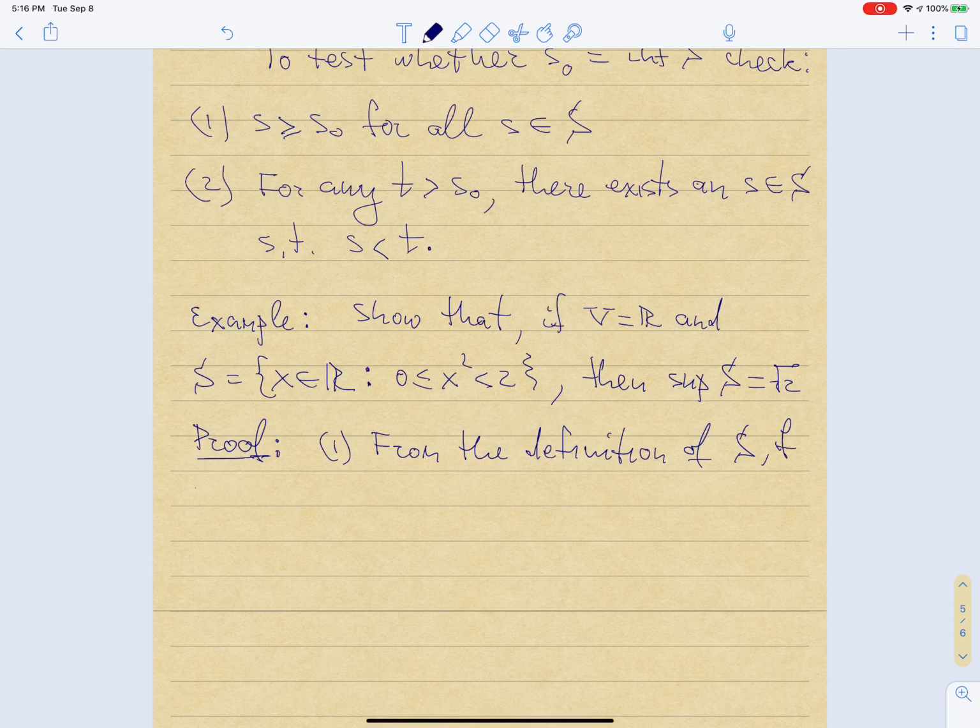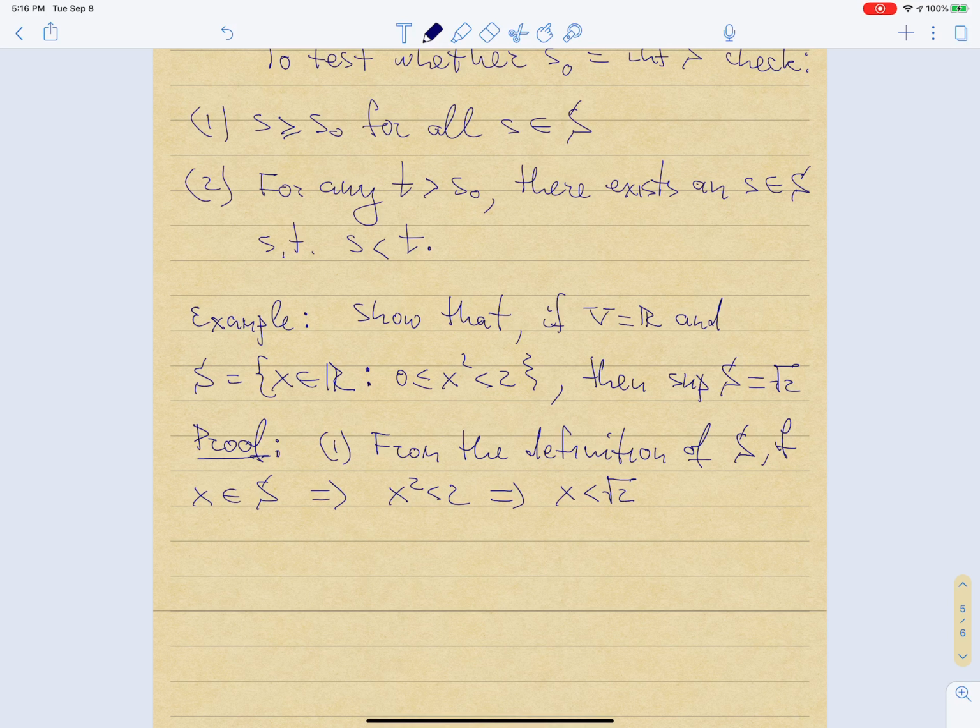if x is an element of S, then x squared is less than 2. And solving this inequality, we have that x must be less than square root of 2.